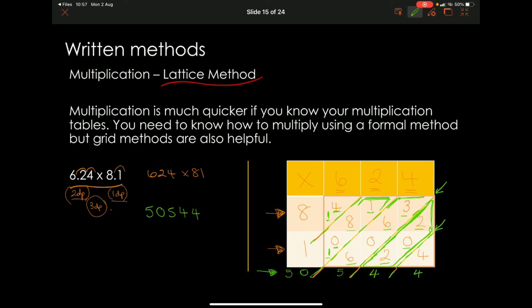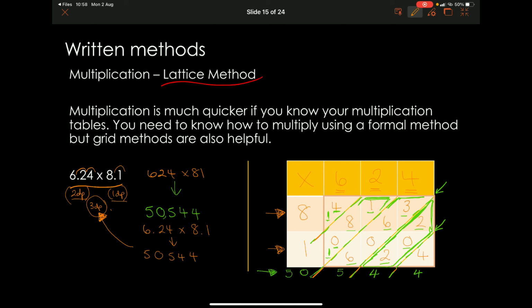Now, if I was doing 624 times 81, my answer would be 50,544. But I'm actually doing 6.24 times 8.1. So even though I've got these digits, I need to put my decimal points back in. And I remember that we had to move it 3 places.